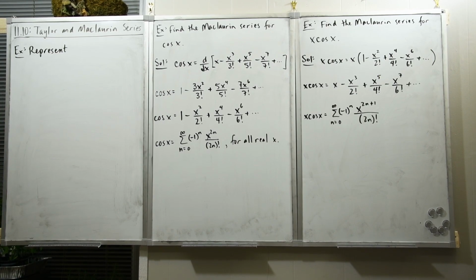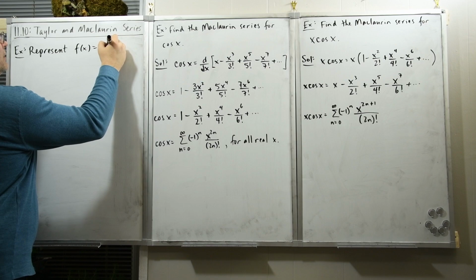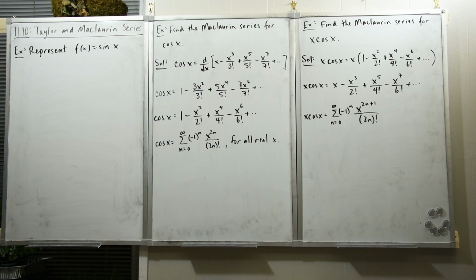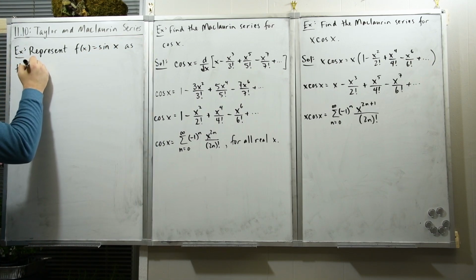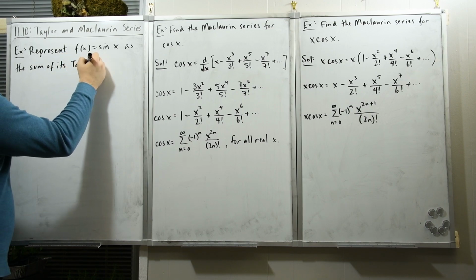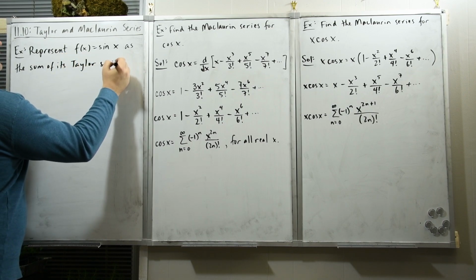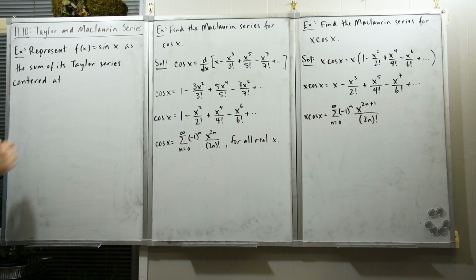Alright, so this time we're going to represent f of x equals sine x as the sum of its Taylor series, centered at pi over 3.